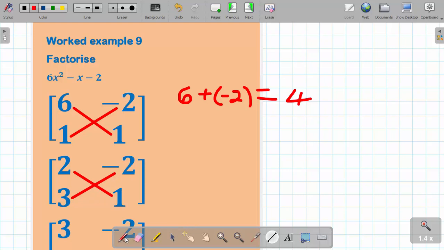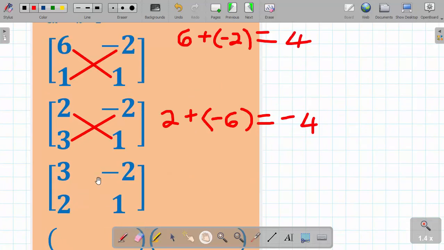So 2 plus negative 6 gives me negative 4. Check my middle term, is it negative 4? Nope, my middle term is negative 1, so I have another pair to try out.